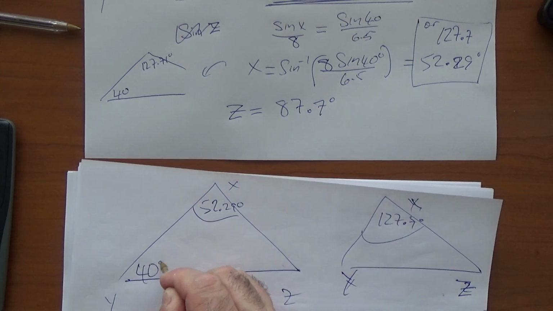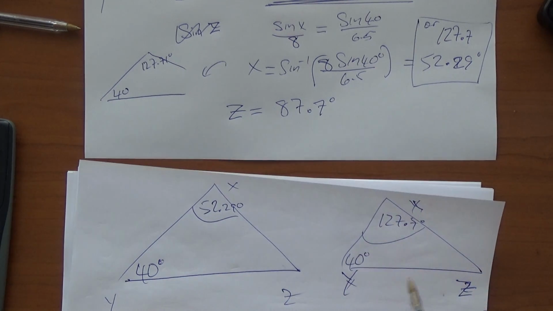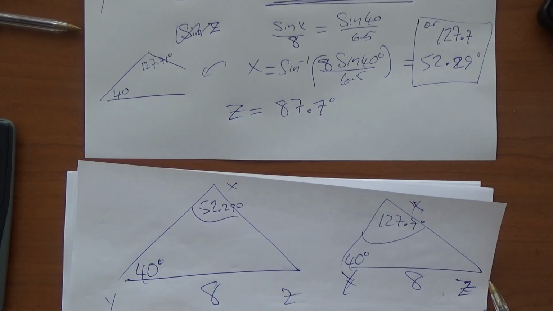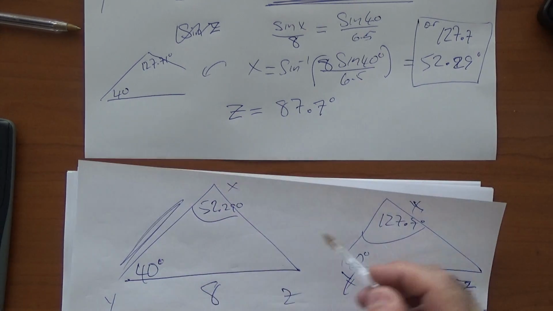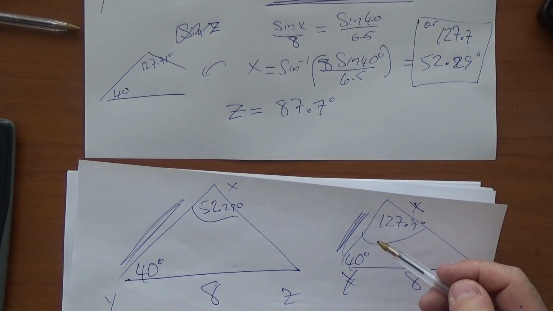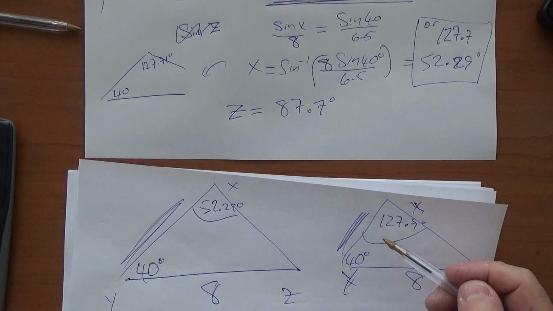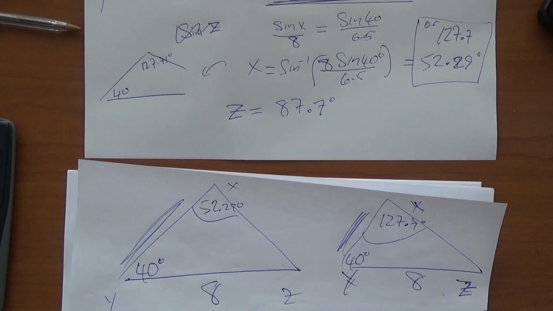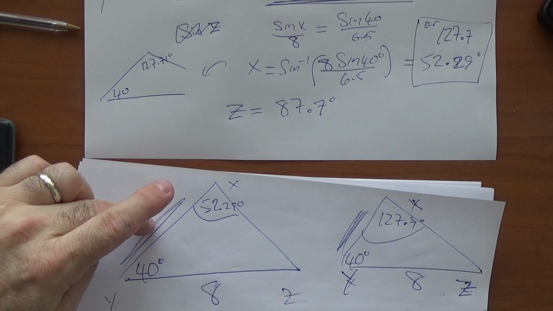You've got your 40 degrees still here in both cases. And where's that 8? That 8 is here. And they're asking you to find these two values, which are easily calculated. We can calc now from what's going on. So how can I calculate this?